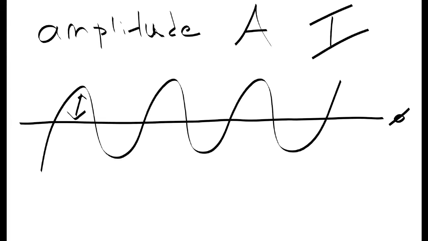How loud is the sound? So those are your three properties of a wave: lambda, nu, and A. Wavelength, frequency, and amplitude. And the units of amplitude depend on what kind of wave you're talking about.